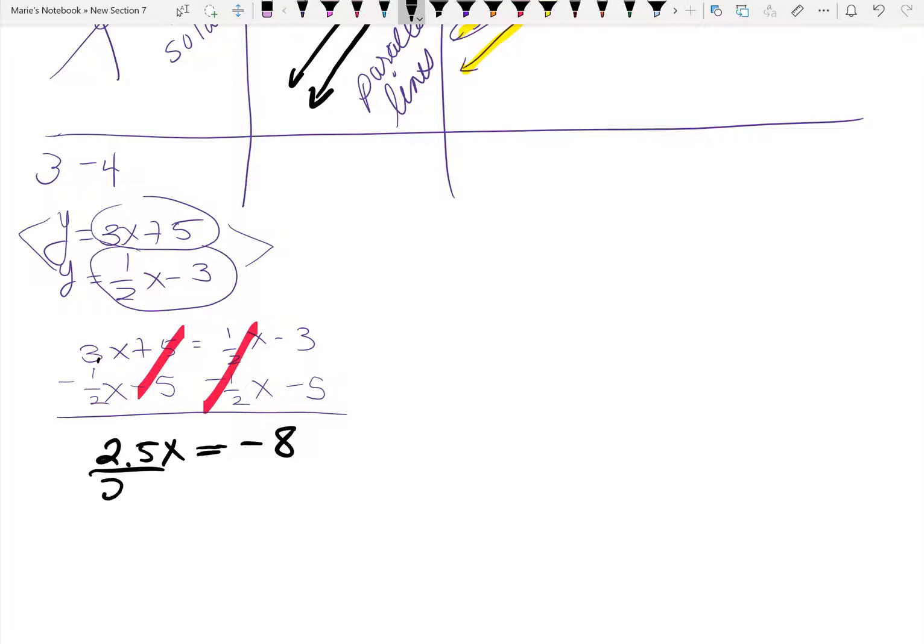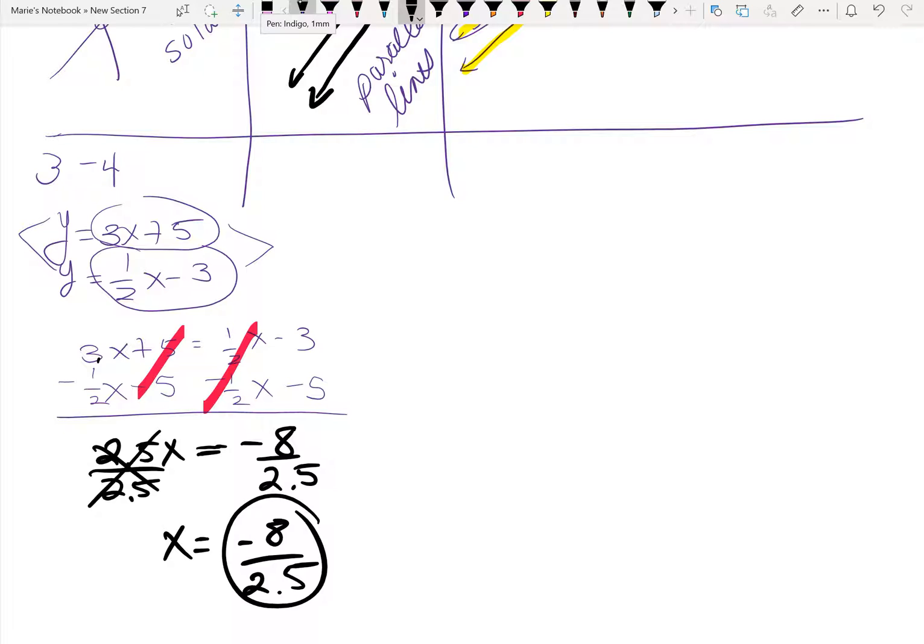And I'm going to divide by 2.5, leaving the x. And so this will cancel, leaving you x equals negative 8 divided by 2.5, and at least you have the x value now. You then take this x value, which is an odd decimal, and plug it into any one of these x's you choose, and then you solve for y, and you get your y equals.